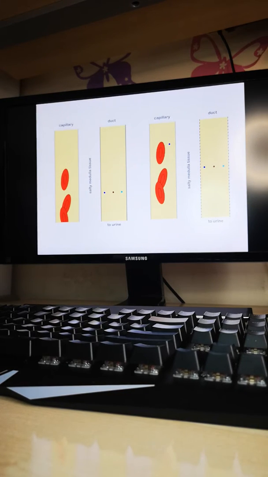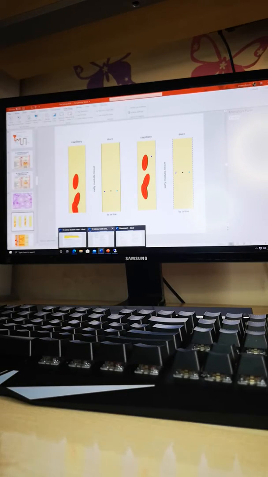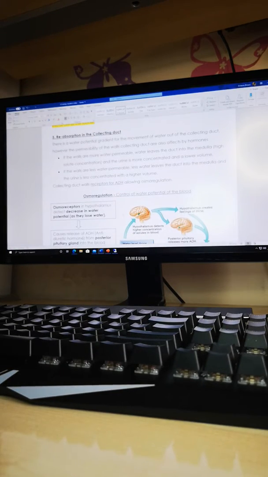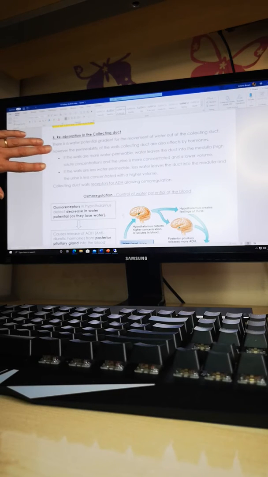So I want to look now at how this happens. So in your keynotes there's a little bit of that here in summary. So there is a water potential gradient for the movement of water out of the collecting duct. Okay, sometimes they ask you why.